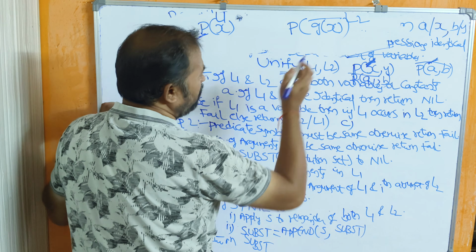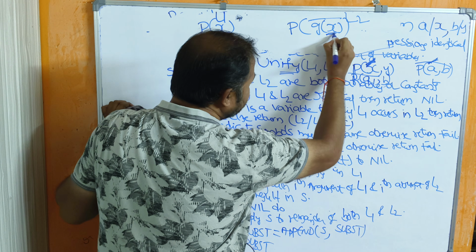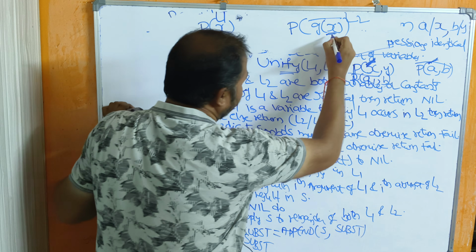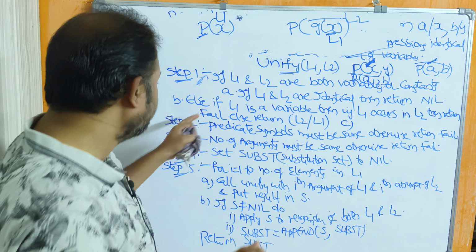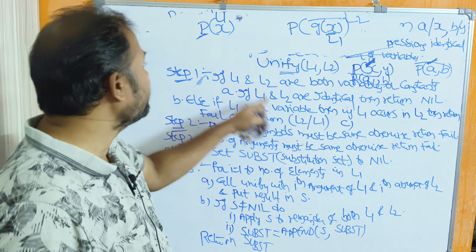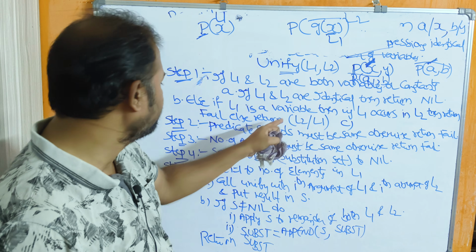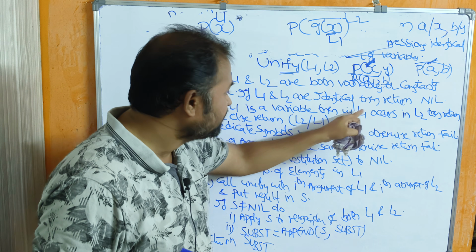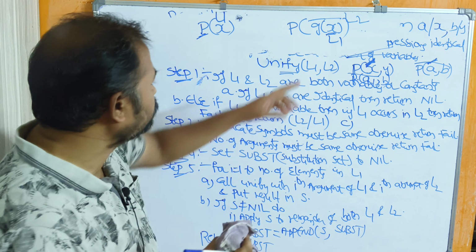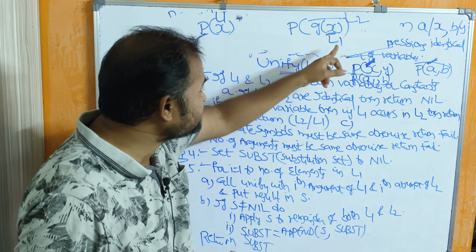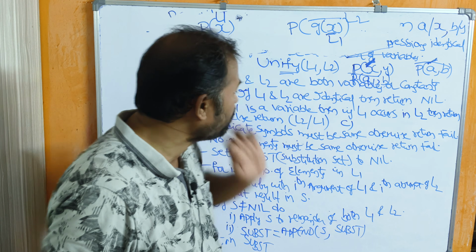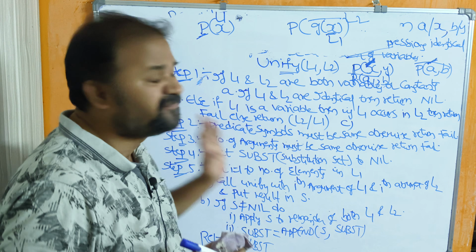This x inside L2 is nothing but L1. So here L1 is a variable, and L1 occurs in L2, g of x, so we return fail.